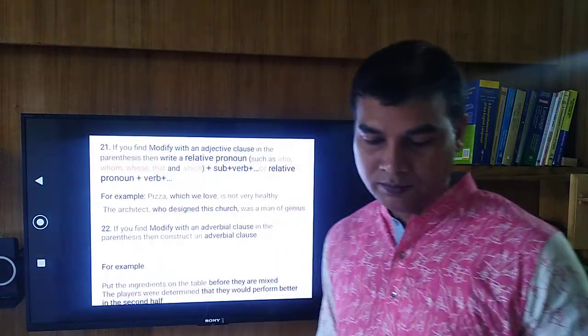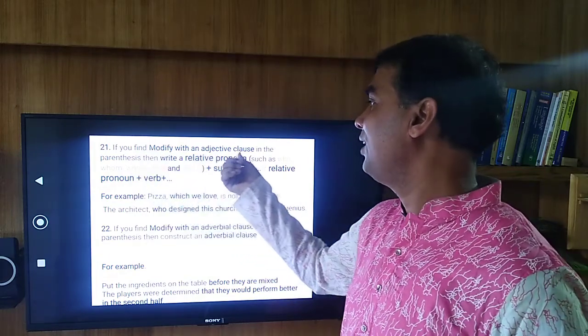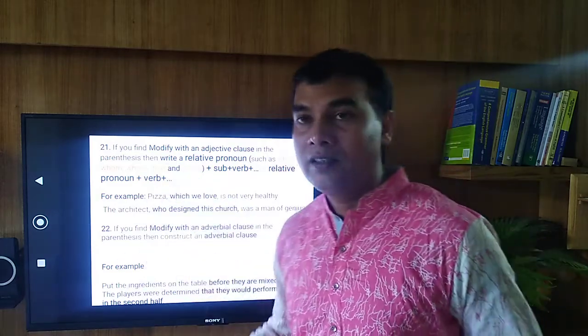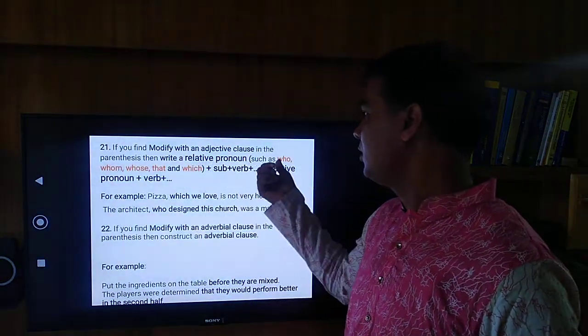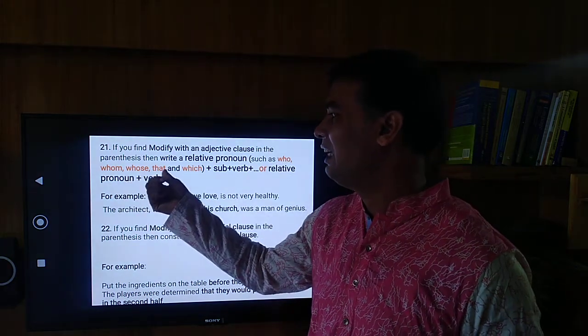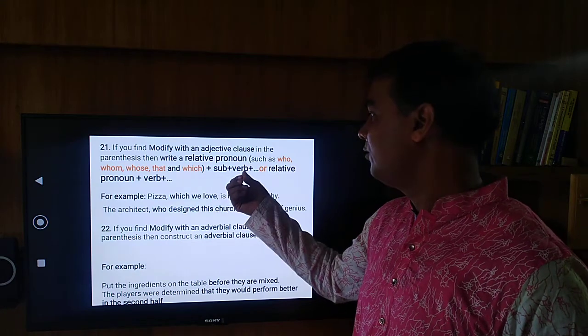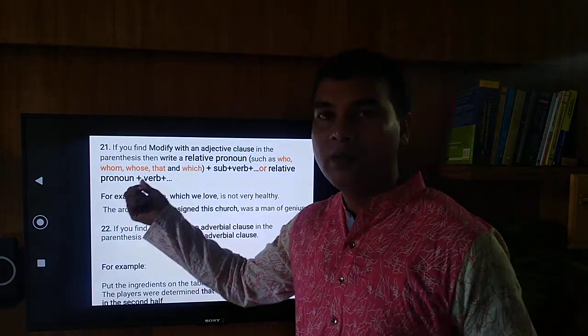Now, technique number 21. If you find a modifier with an adjective clause in the parenthesis, then you should write first of all a relative pronoun, for example who, whom, whose, that, and which. Then subject and then verb, or you can write a relative pronoun then verb.